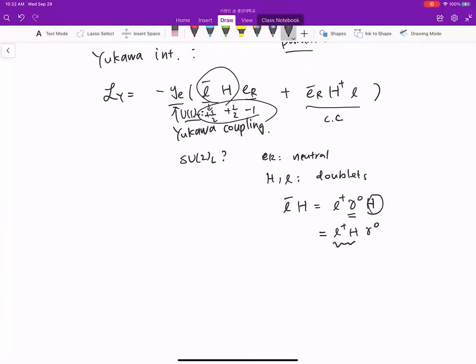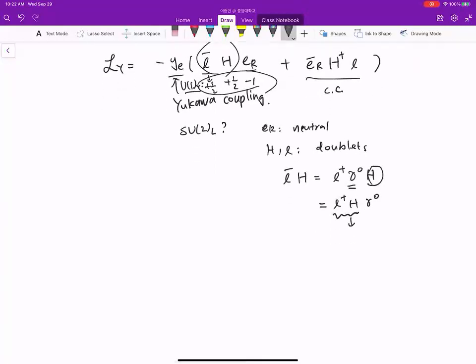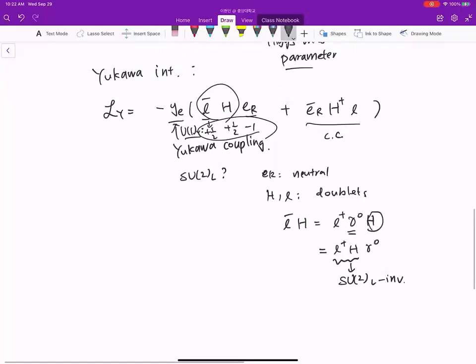So this combination L-bar H is SU(2)_L invariant, just from the transformation property. We are going to discuss more on the gauge transformations, but you can convince yourself that this is the SU(2) cross U(1) invariant interaction between Higgs and leptons.